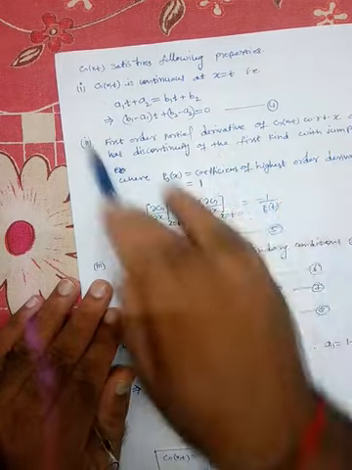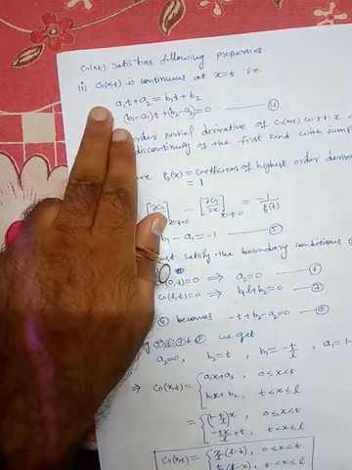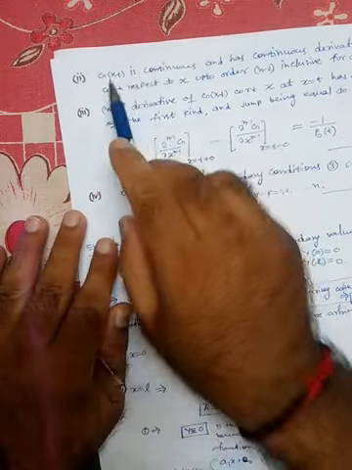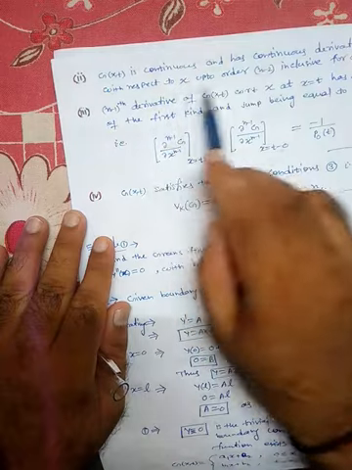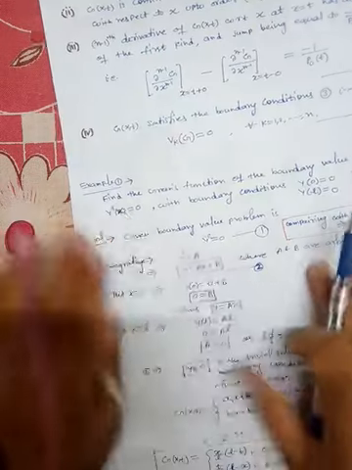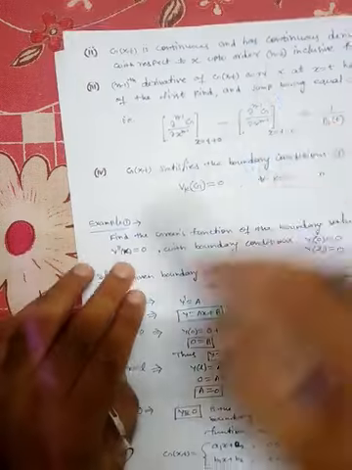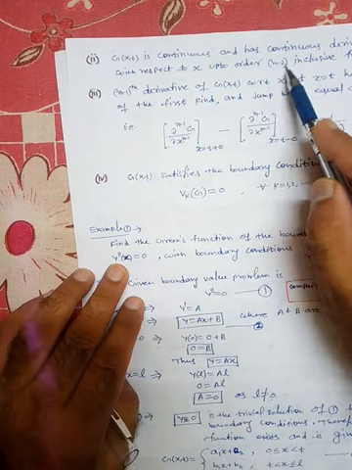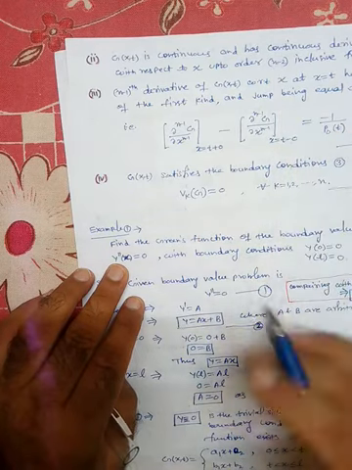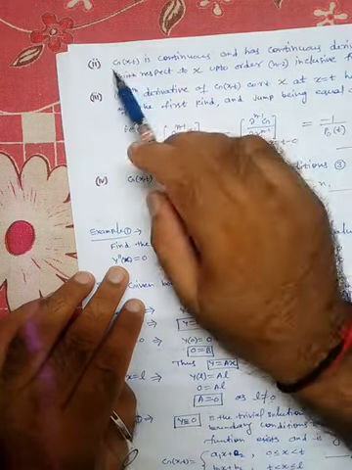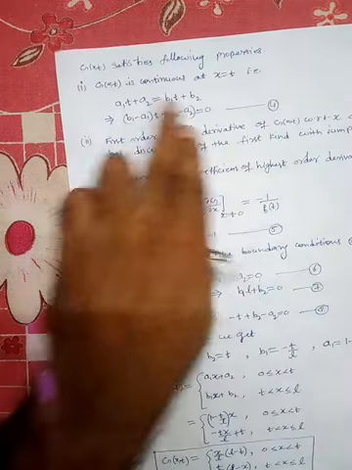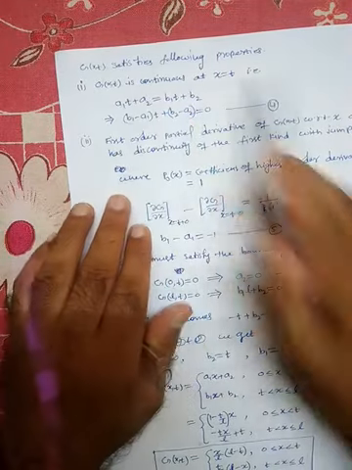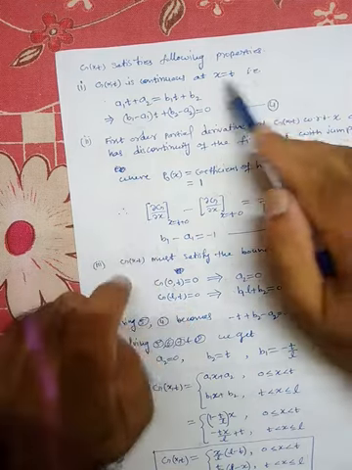The second property: G(x,t) is continuous and has continuous derivatives up to order n minus 2. Here n is 2, so 2 minus 2 is 0. That means zeroth order derivative, that means G(x,t) itself is continuous. So here G(x,t) is continuous at x equal to t.